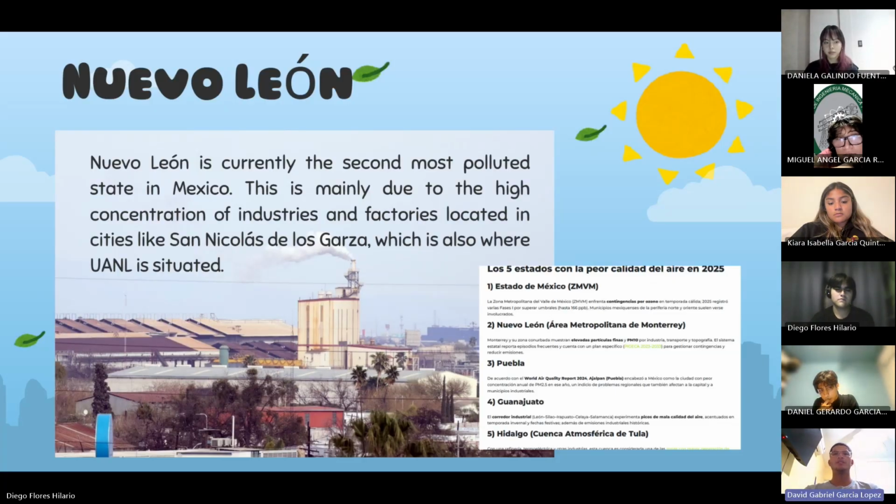But not only that, there are also other causes of this level of pollution, such as the number of cars in Nuevo León. One of the main industries we may find in San Nicolás de los Garza, which is the place where UANL is located, is Ternium. That's one of the main examples Nuevo León has for pollution.